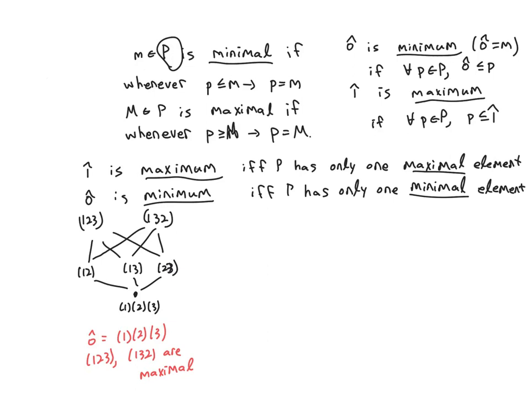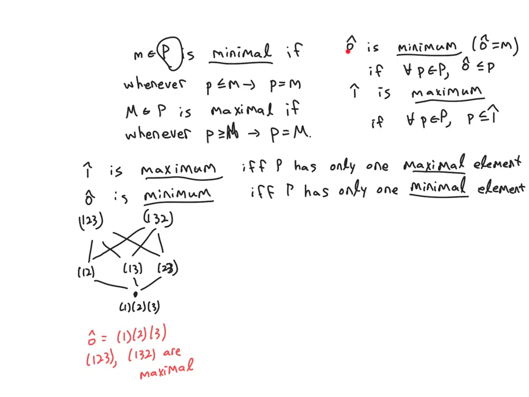This is in contrast to the usual notions we use in mathematics of minimum and maximum. Sometimes this distinction pops up in certain arguments. If you see the word maximal or minimal, it means there's nothing smaller or bigger than it. Minimum means the other notion we're used to: everything is bigger than it. Oftentimes if a partially ordered set has a minimum element, we denote it 0 with a hat, always.